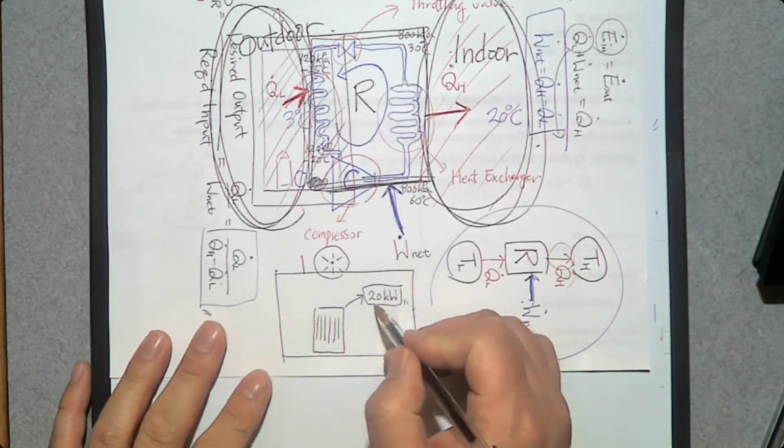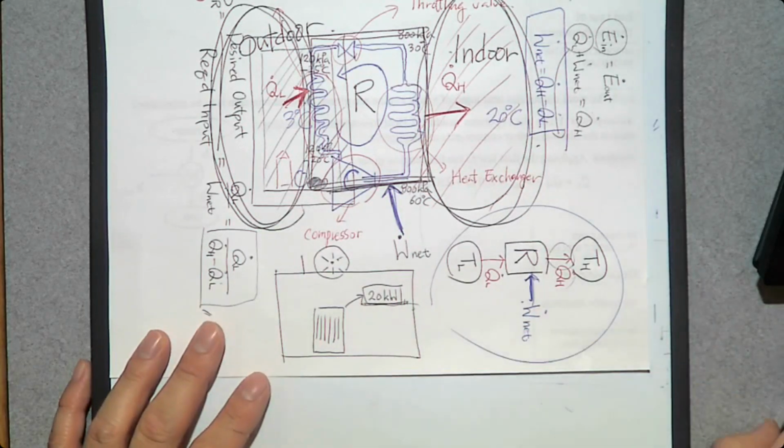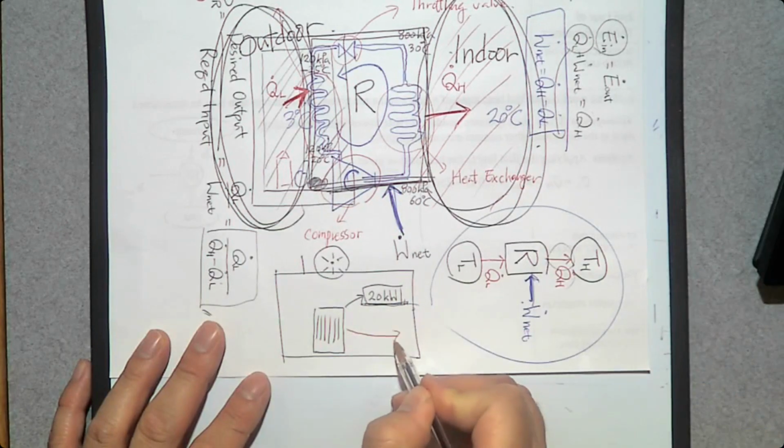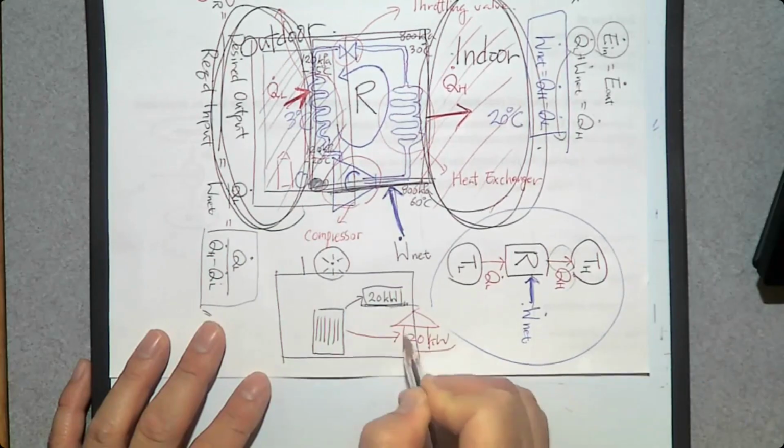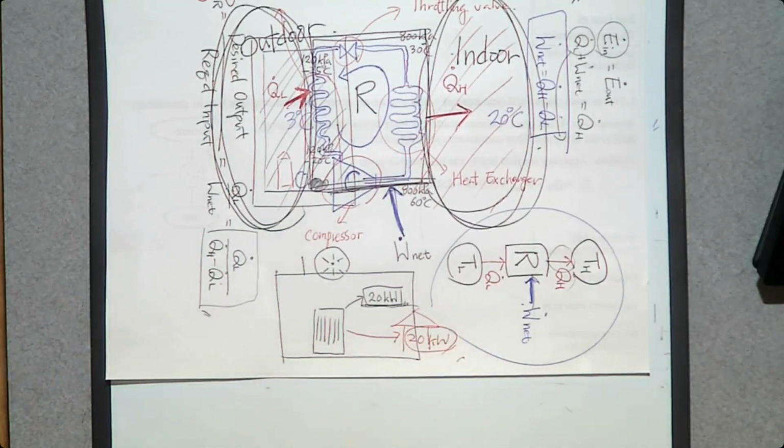If you consume 20 kilowatt, you can deliver only 20 kilowatt of heat. So if you consume 20 kilowatt of electricity, the amount of heat going into the house is going to be 20 kilowatt. So what is the efficiency? 100%. Any heater that you buy from Walmart should be at 100% efficiency. So when he says, oh, this one is pretty efficient, yeah, you're right.